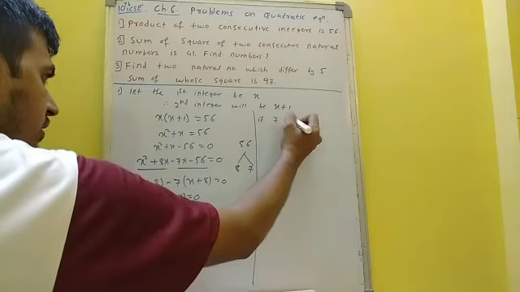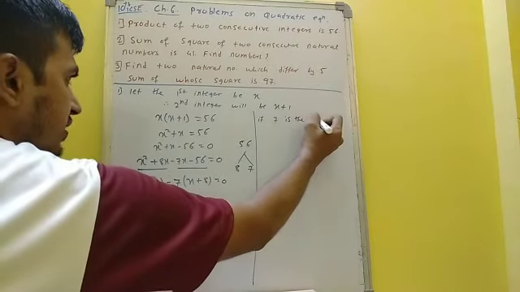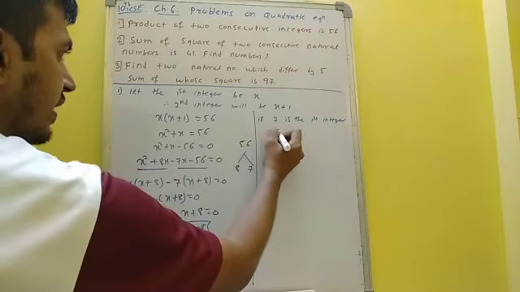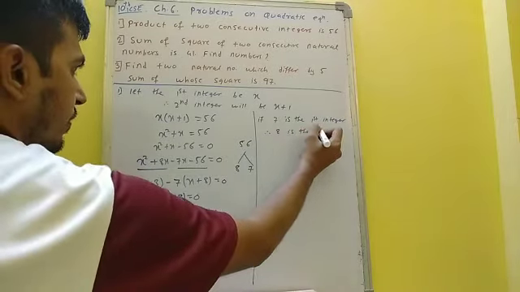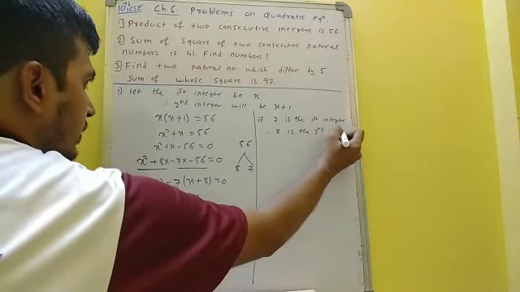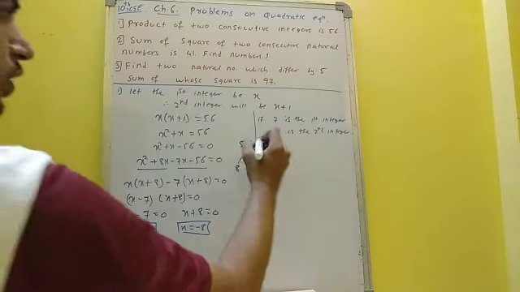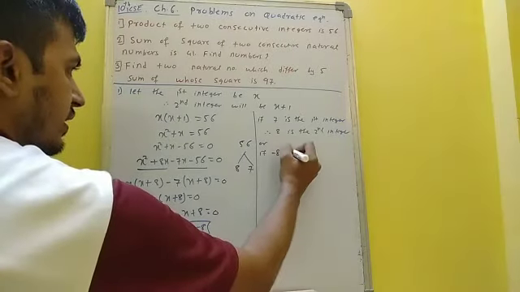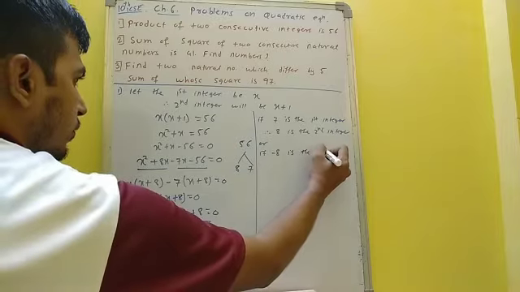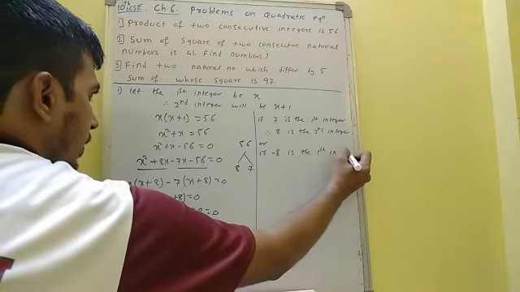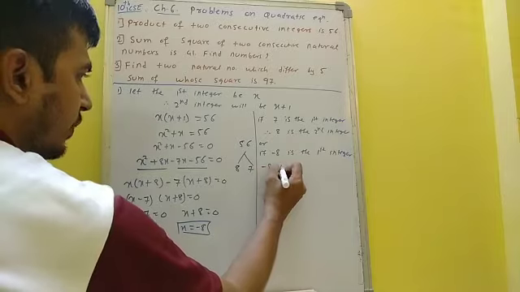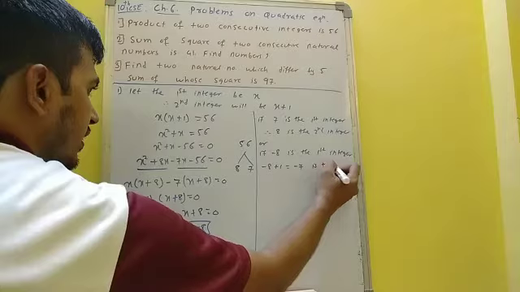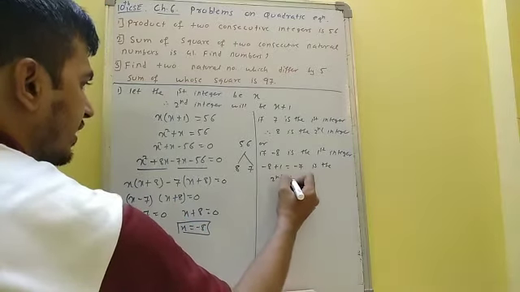If 7 is the first integer, therefore 8 is the second integer, because x plus 1. Or if minus 8 is the first integer, then minus 8 plus 1, that is minus 7, is the second.